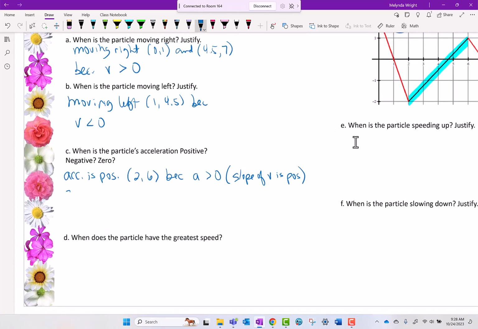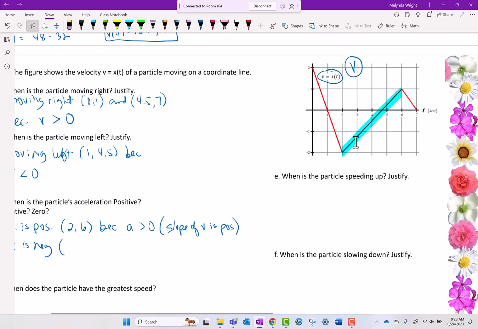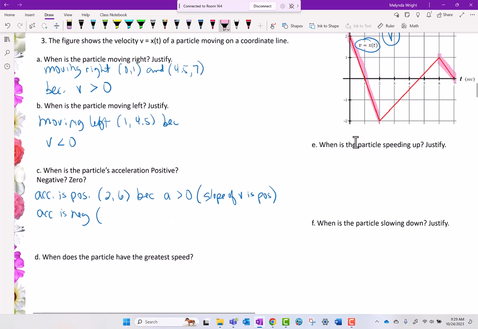Okay. Whereas acceleration is negative. Okay, so let's look back over here. So let's see, we're negative here and here. So what is that? 0 to 2 and 6 to 7.